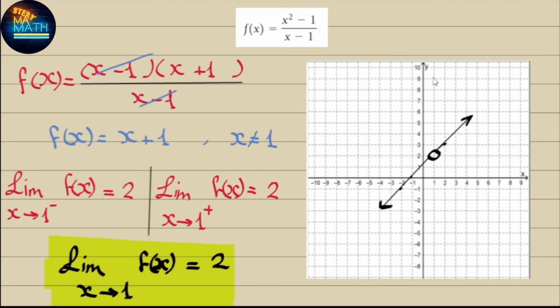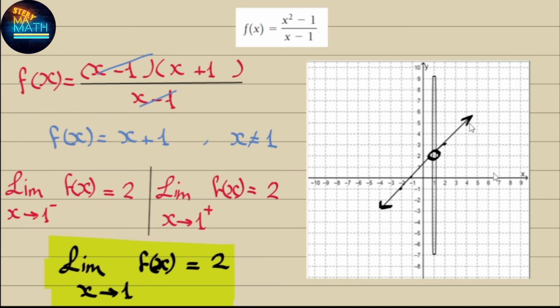And if you want to make it easier, you can draw a wall at x is equal to 1. Why x is equal to 1? Because we need to get the limit as x approaches 1. So draw a line or a wall at that point. And then we will trace the function from the right and trace the function from the left.